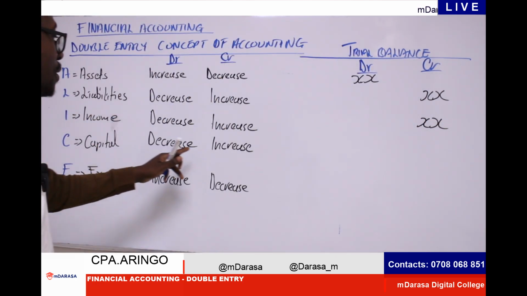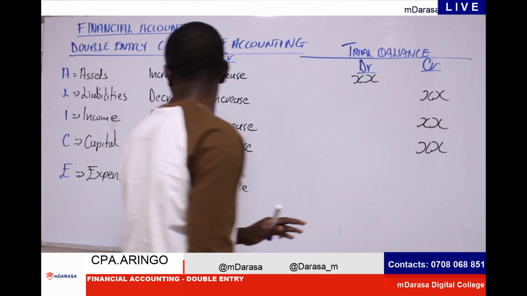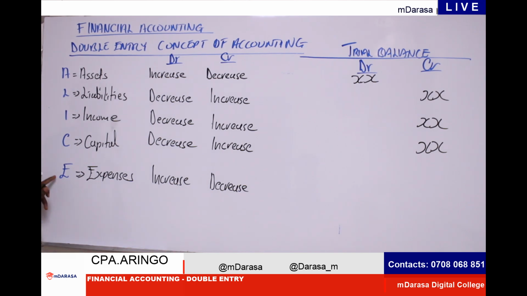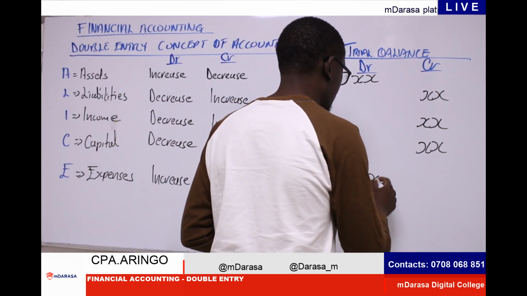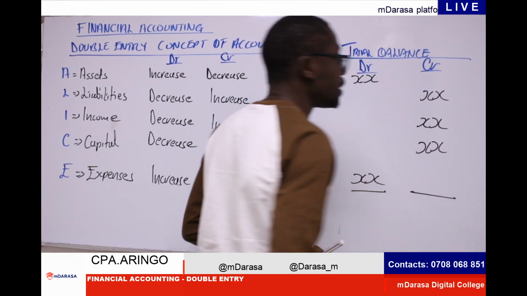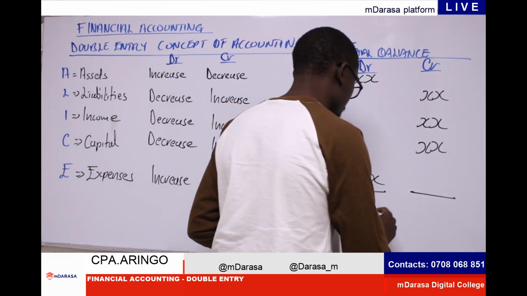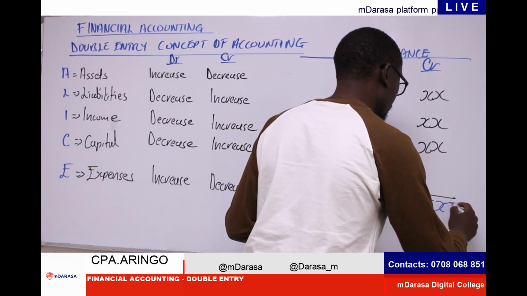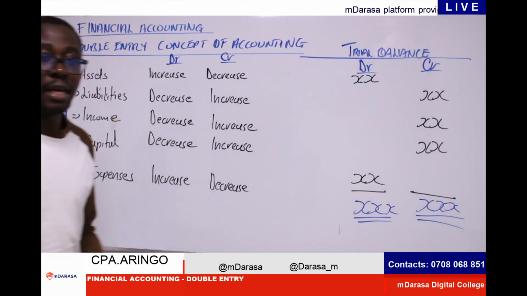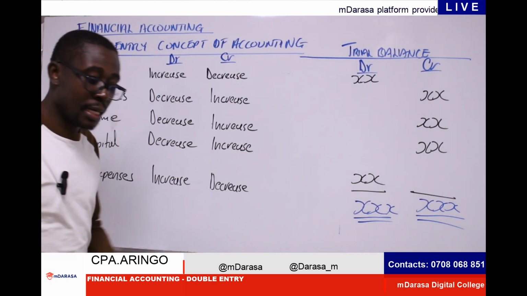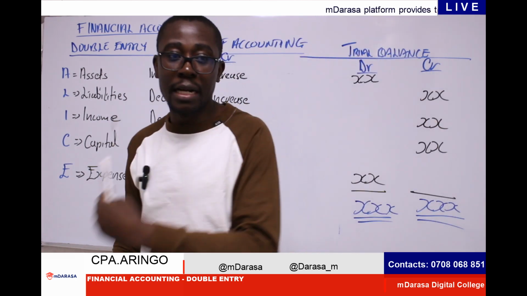Capital is still recorded on the credit side. Expenses will always be recorded on the debit side. So that at the end of the day, my good students, in our trial balance, the debit side must always be equal to the credit side. This will confirm that the double entries were done properly.